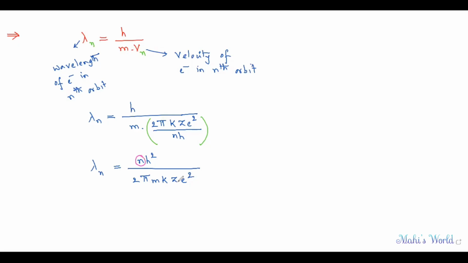Now excluding n and z, substituting the values of all these h, pi, m, k, and e, we get wavelength of electron in nth orbit is equal to 3.33 into the leftover n by z angstrom. So this, of course, is an important formula, the simplified version of the same.